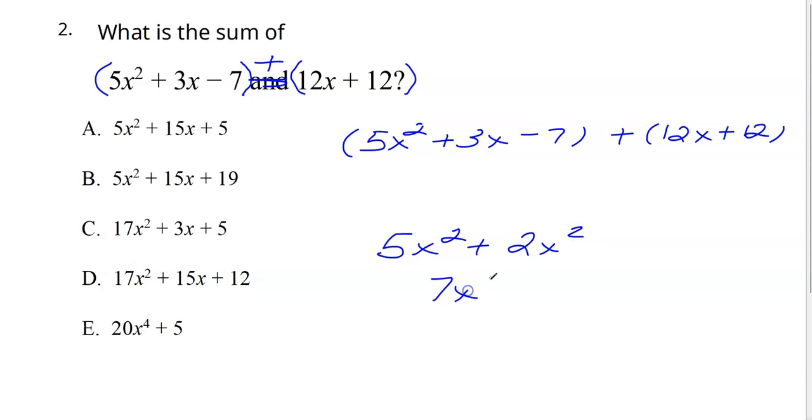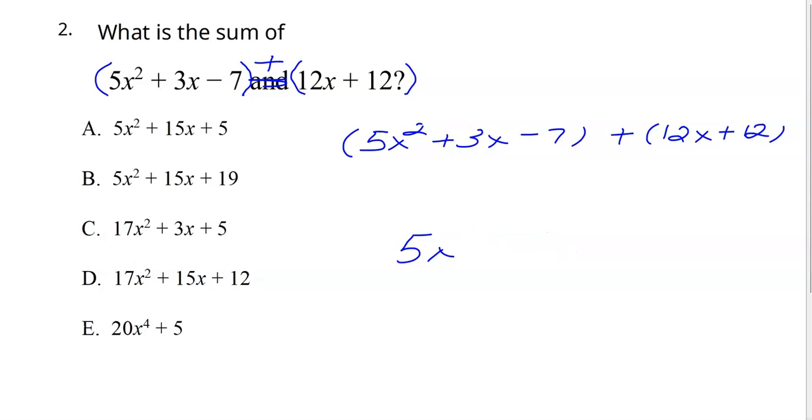For example, if I had something like 5x squared plus 2x squared, I could add these and say 7x squared. However, when I have something like 5x squared plus 2x, I cannot add these because this has an x squared next to it. This has an x next to it. And you can't combine them. Same thing with this.